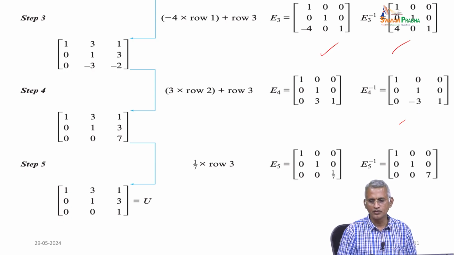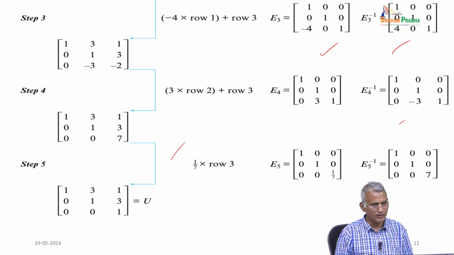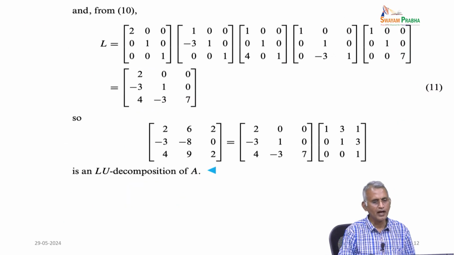So, 1 0 0, 0 1 0, 0 minus 3 1. For the inverse you do the transpose of the cofactor matrix divided by the determinant of E4, like that. Further you have to do the row reduction by 7, so that the matrix comes out like that, corresponding to E5 of the triangular matrix, and calculate E5 inverse also with the help of the inverse matrix. Then L is equal to all these things.